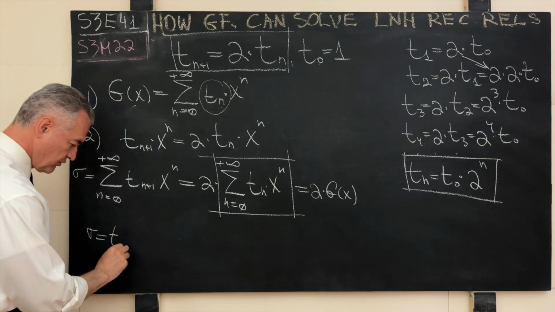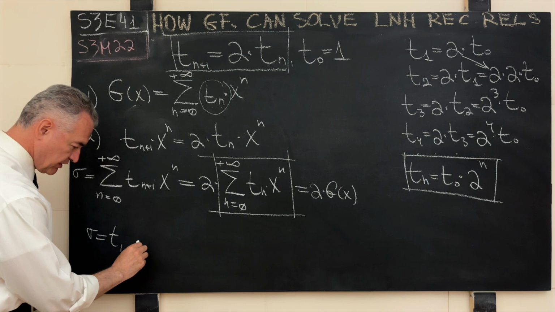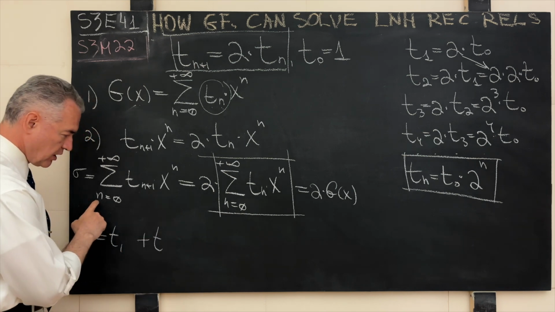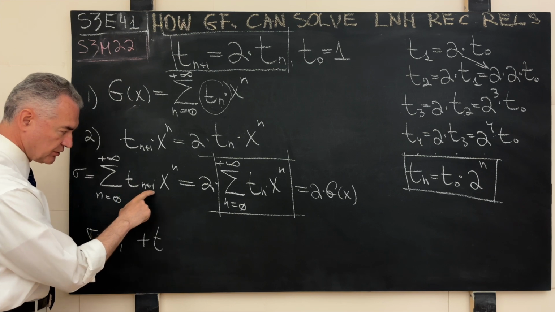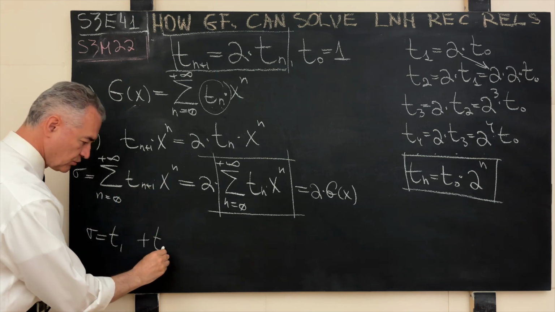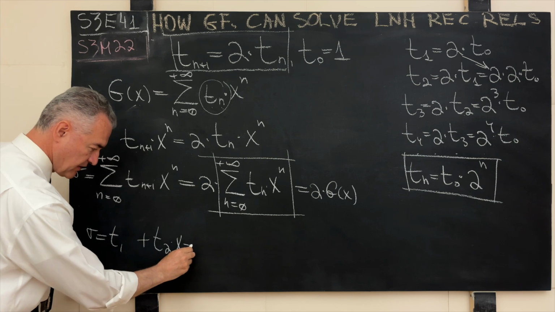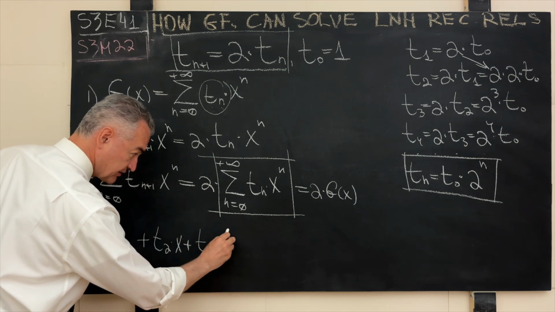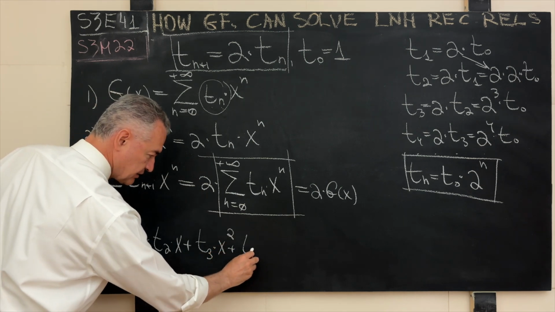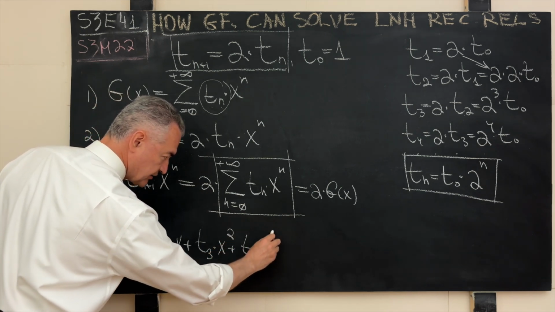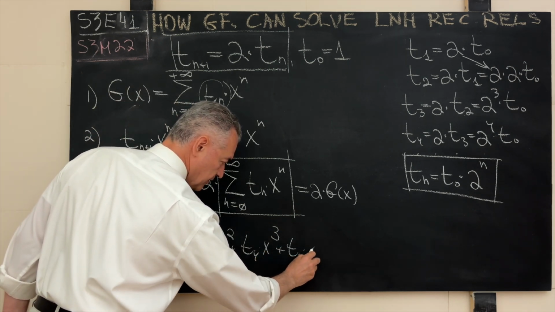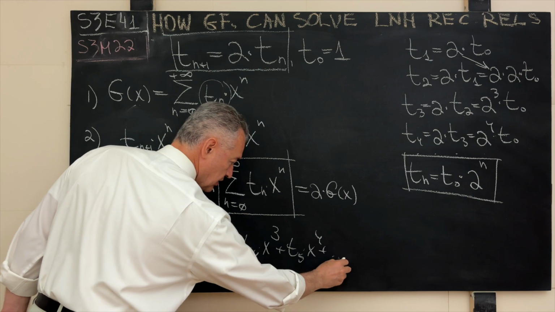So we'll have t1. I'll leave room over here. You will understand why in a second. Plus, when n is equal to 1, the index of t is 1 plus 1, 2, but the power of x is 1. So t2 times x. And the story goes on. t3 times x squared plus t4 times x cubed plus t5 times x to the fourth, and so on.